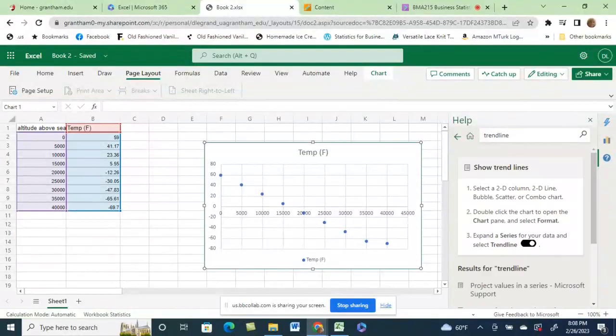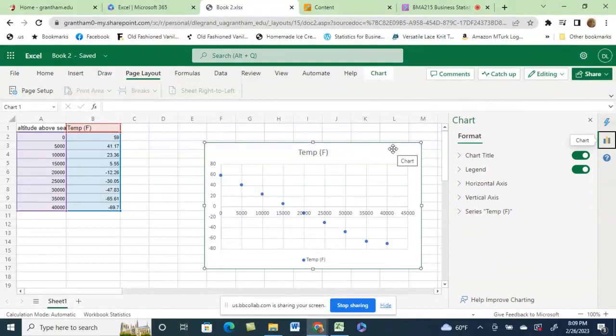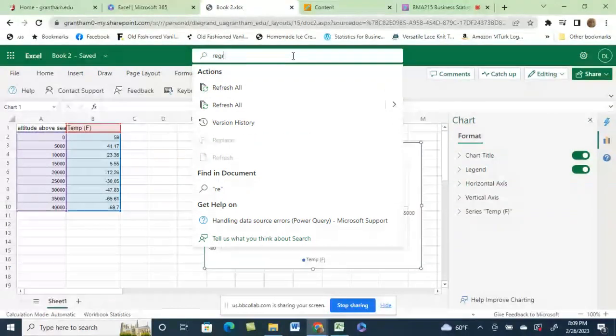The Linus function. Show trend lines. Select a 2D. Oh, you're right. It's all different.